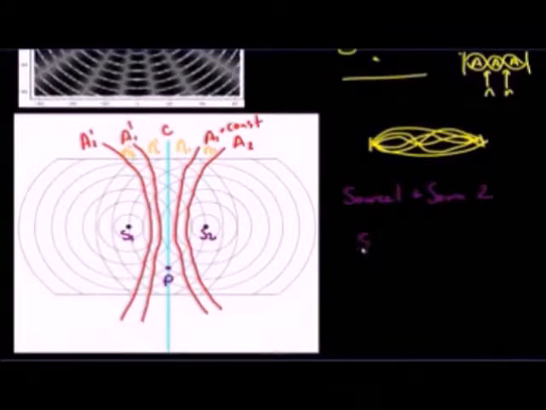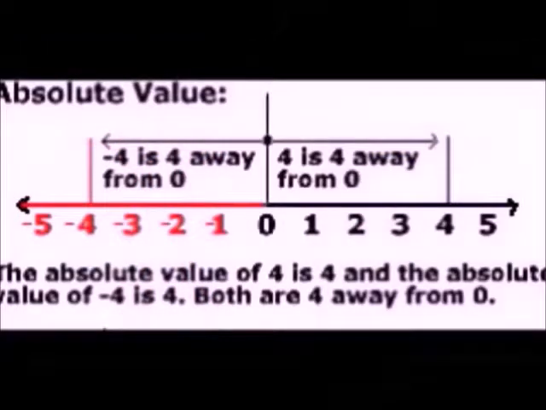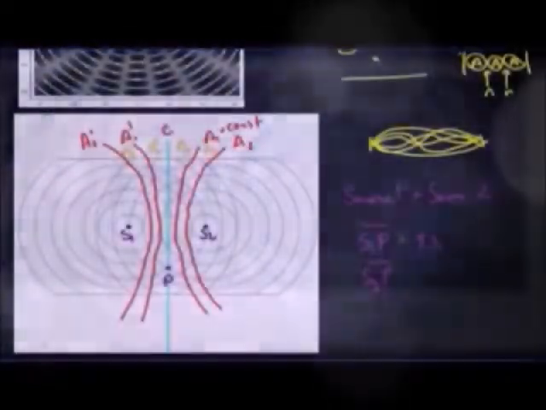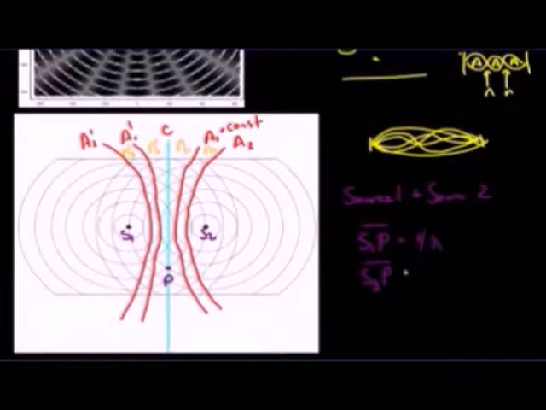So what I can say is that the distance between S1 and P, and you know from math class, if you put a line over top, it means the line from S1 to P, equals 4 wavelengths. A line from S2 to P equals, let's count, 1, 2, 3, 4 wavelengths.